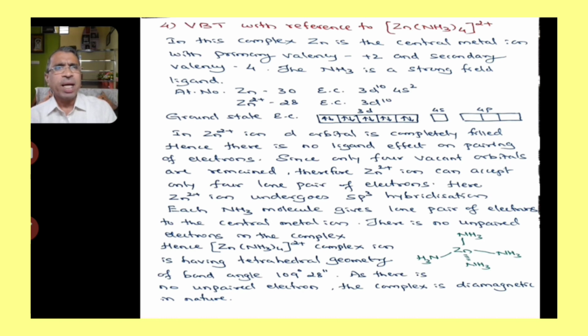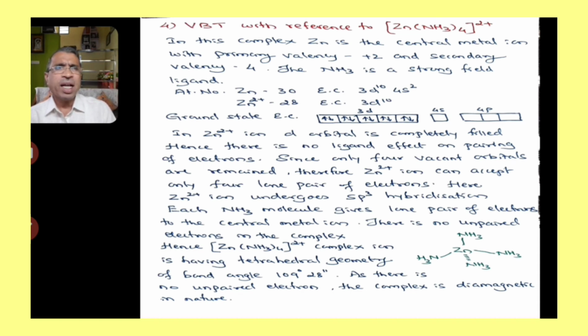In this complex, zinc is the central metal ion with primary valency +2 and secondary valency 4. Ammonia is a strong field ligand. Atomic number of zinc is 30. Its electronic configuration is 3d10 4s2. Zinc in the +2 state has electronic configuration 3d10.